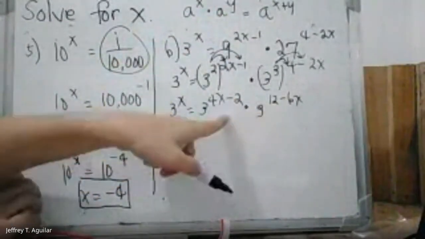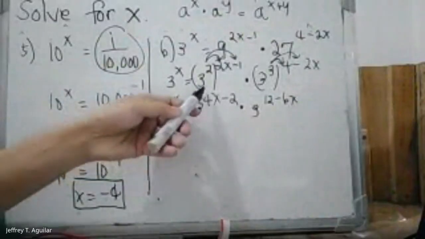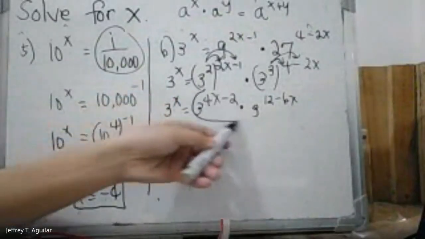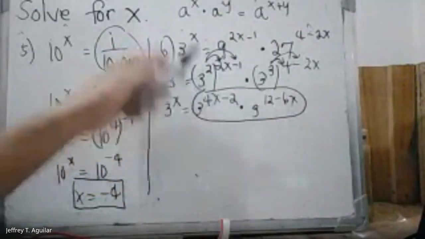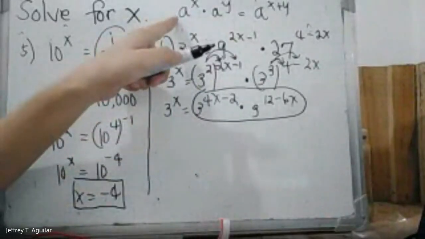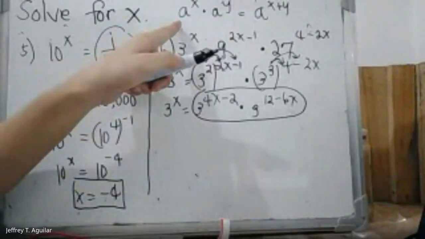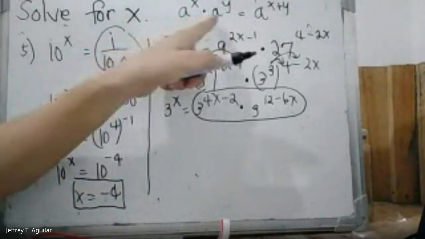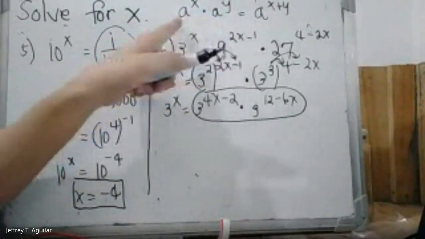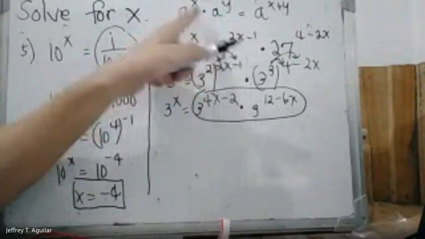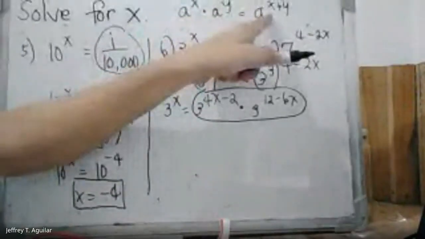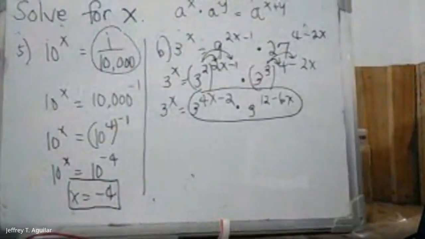So basically this right side is following this concept, one of the properties of exponentials, such that if you are multiplying two exponential figures with the same base, then you are going to add exponents. And this is what we're going to do.